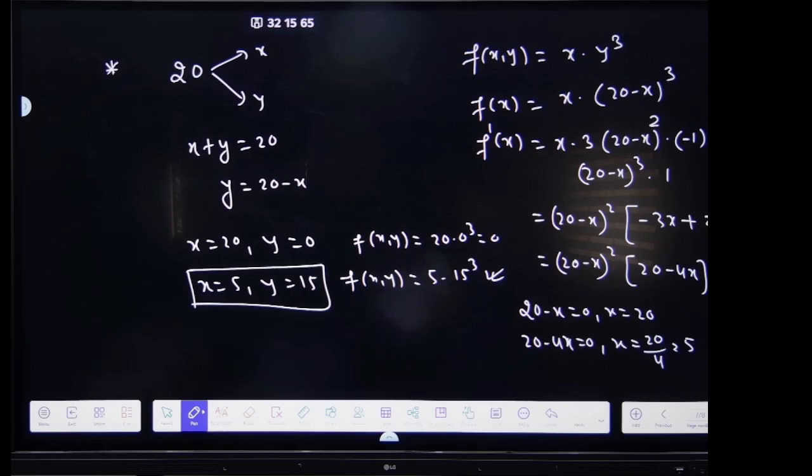We'll solve one more sum. Do it. Question number 12, page number 20.3, and then 15, both you can solve. 12, 15.